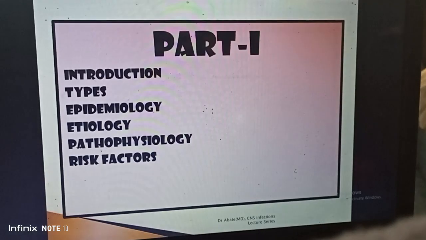We will cover the introduction, which includes the anatomy of the meninges, and we'll see the types of meningitis, then epidemiology and the different etiologies of meningitis, and then we will see the pathophysiology and risk factors in this part 1 lecture.